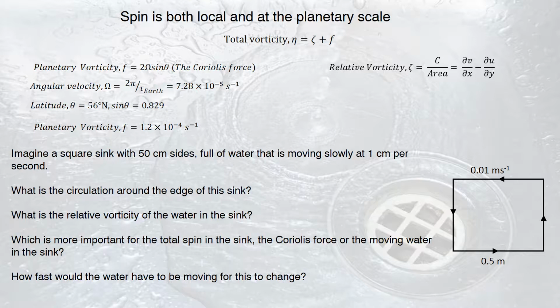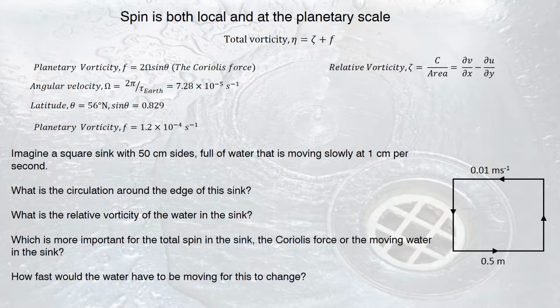If I made that 1 meter by 1 meter, then 1 squared is 1. So now my relative vorticity is only going to be 0.02, or 2 times 10 to the minus 2.